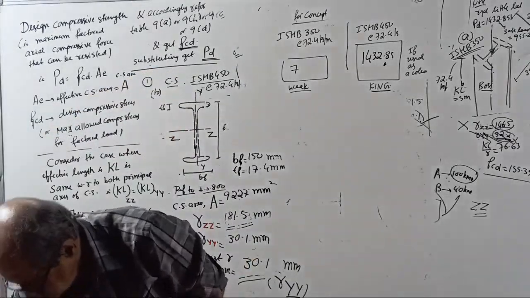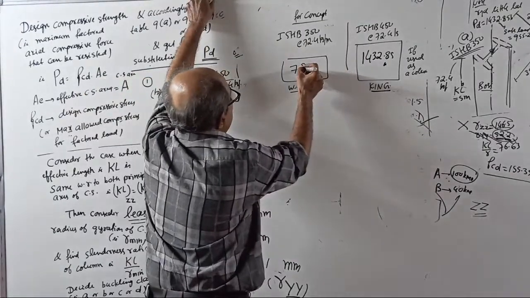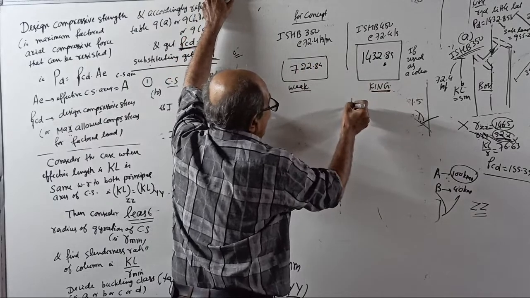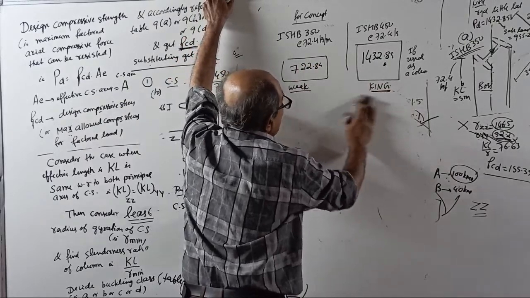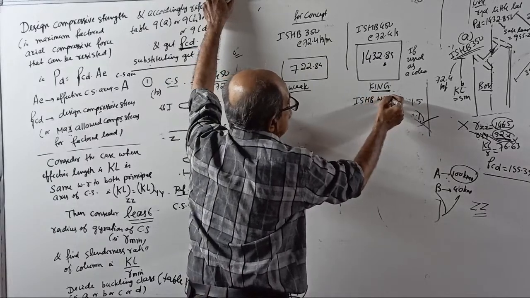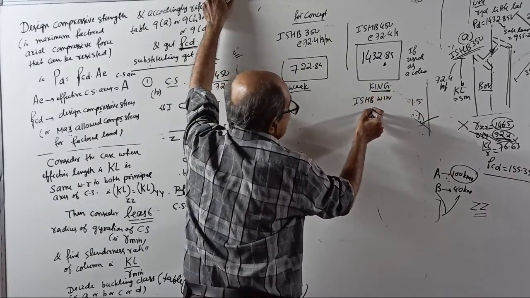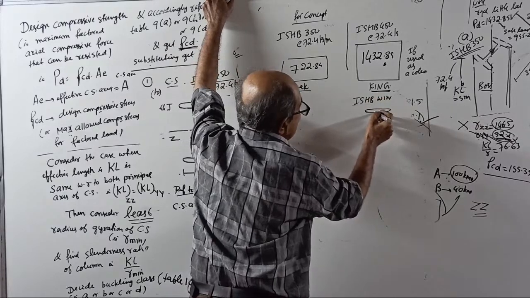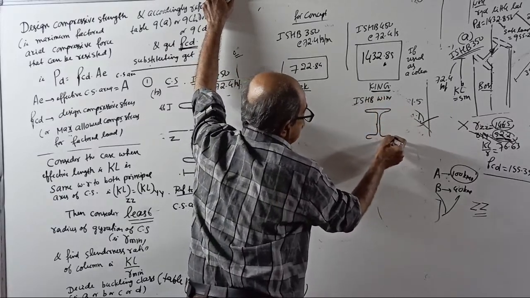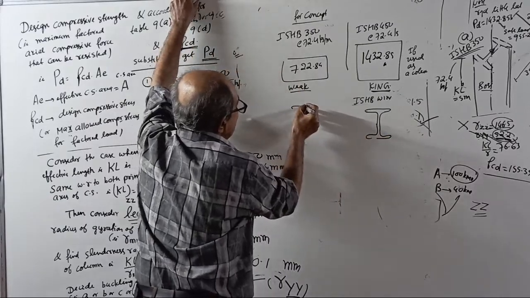Therefore, king ISHB wins. This section is like this, somewhat square type.